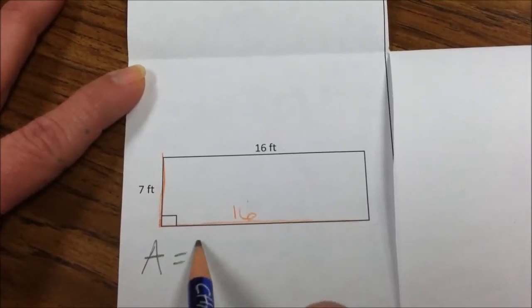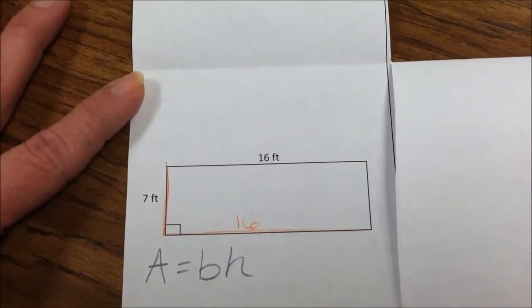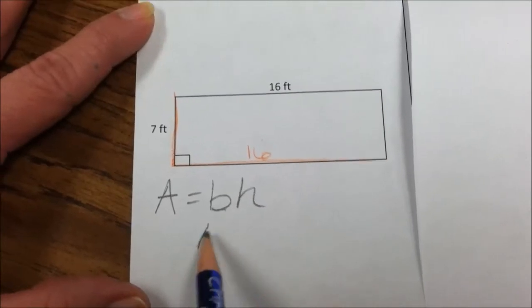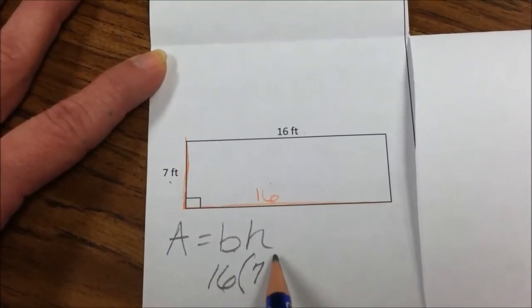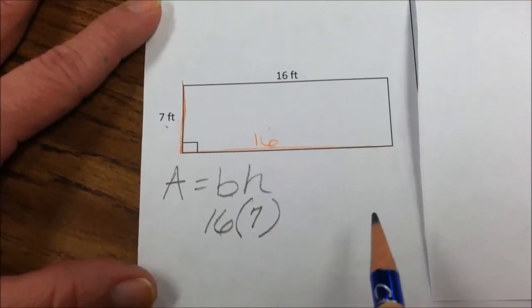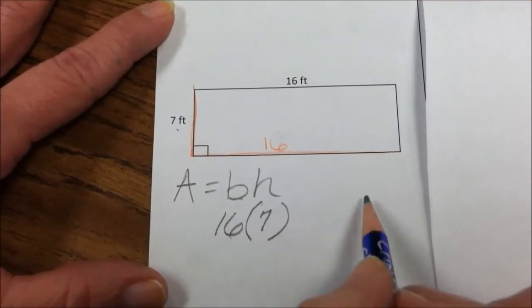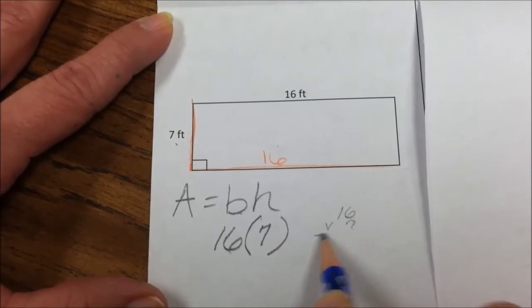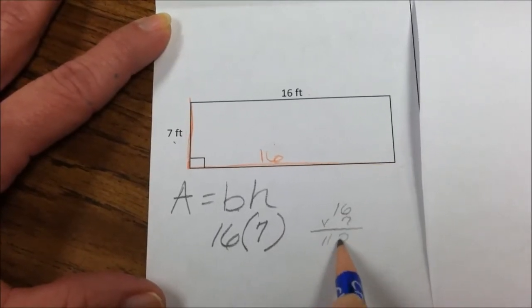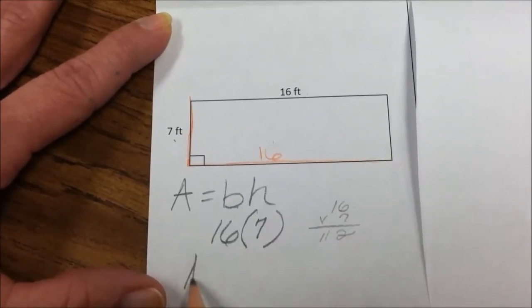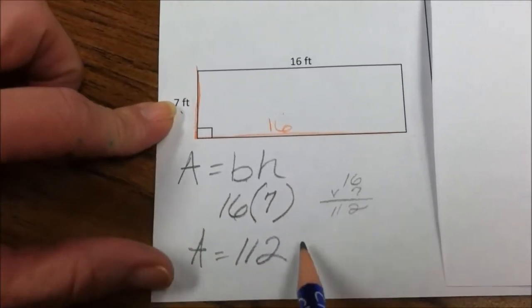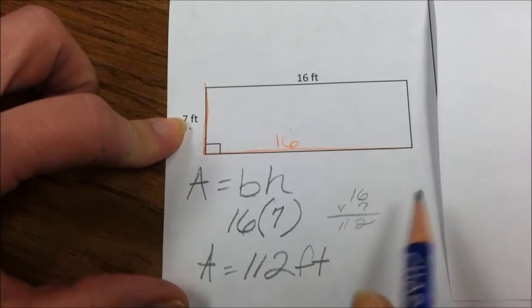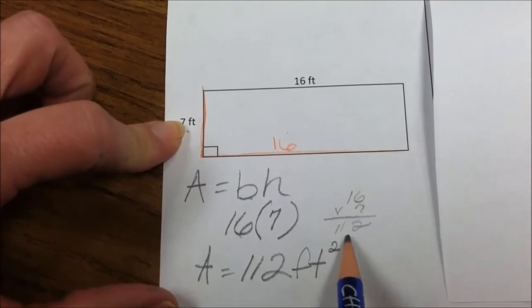So again, your formula is the base times the height. The base is 16. My height is 7. So we're going to multiply 16 times 7, which is 112. So my area is 112. Again, we have to label. So this is feet. And when working with area, you always have to square your answer.